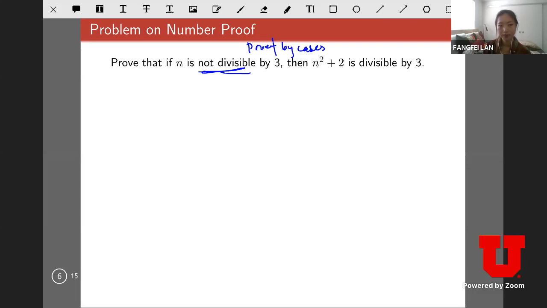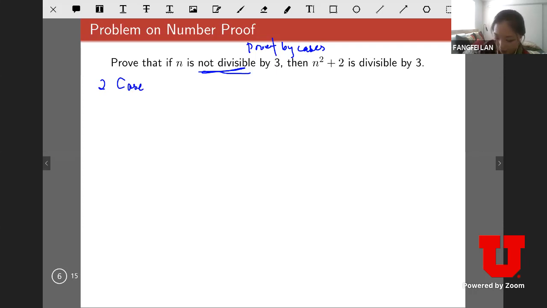What do we think? Yeah, someone just typed the answer in the chat. Great. Anyone else? Okay, so someone just typed the cases for us. Basically, there are 2 cases, right?